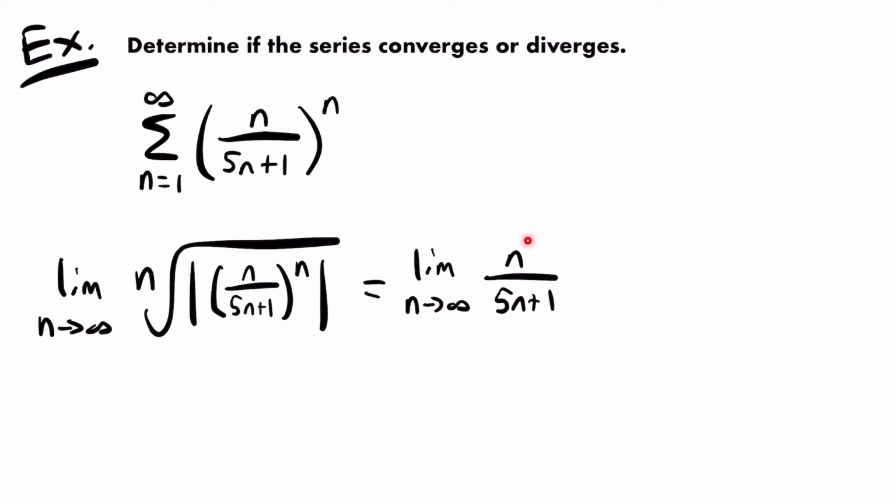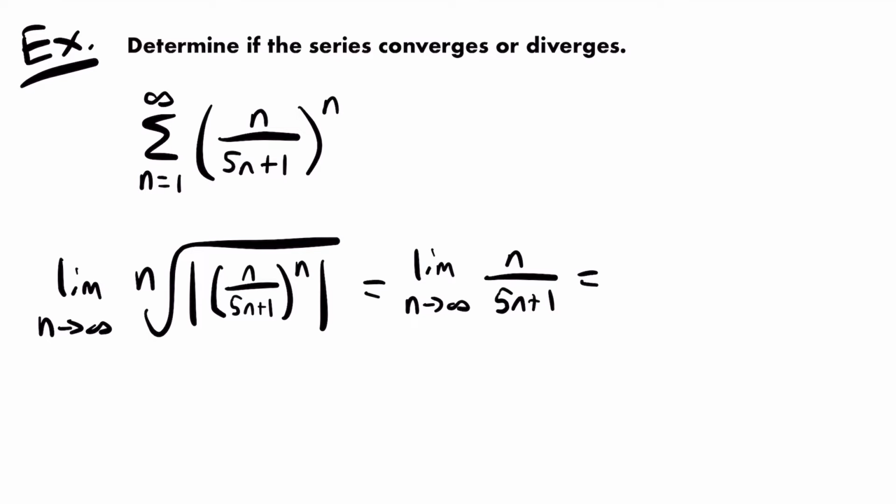And since those highest powers are equal, this limit will be equal to the ratio of the coefficients of those two terms, right? So this limit will be equal to 1 divided by 5. 1 is the coefficient of this term, and 5 is the coefficient of this term. And those two terms are the terms that had the highest power of n.